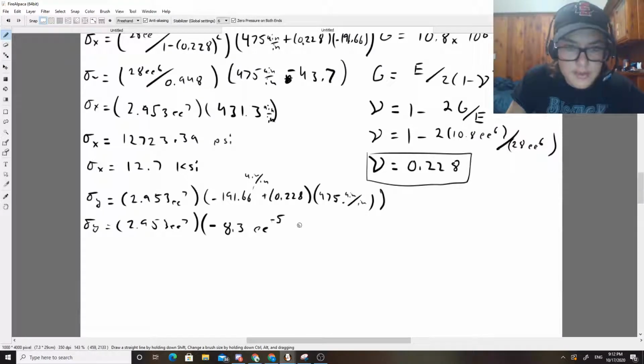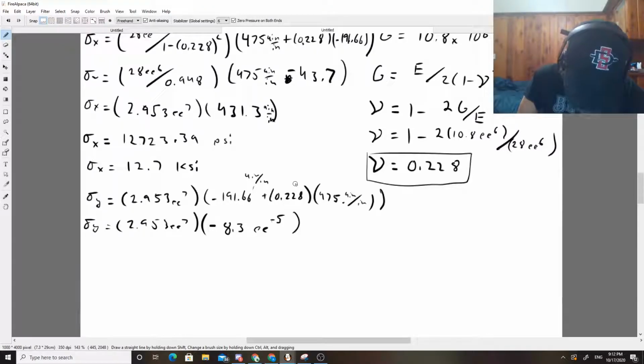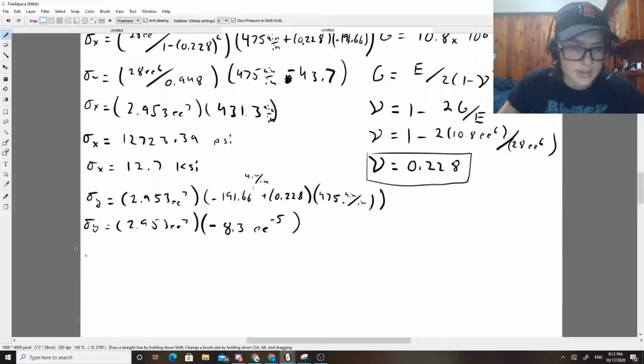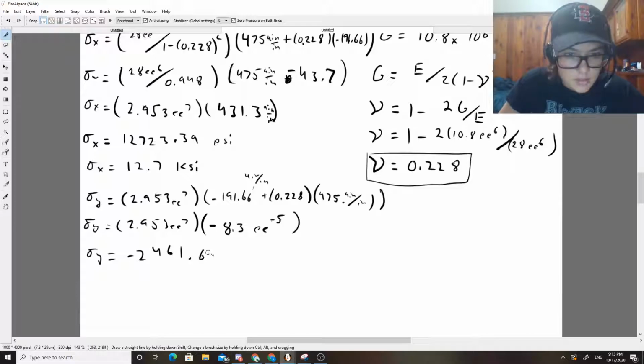We'll multiply that times 2.953 e to the 7th, and that's going to give us negative 2461.62 PSI.